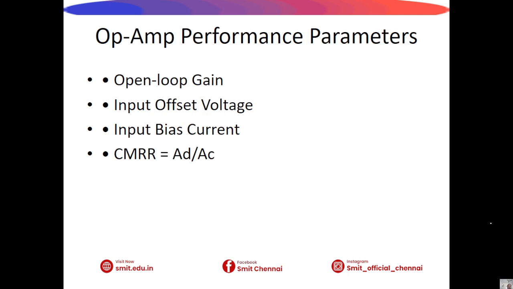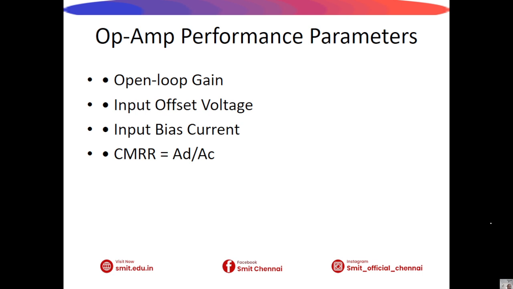Next, we see about the op-amp performance parameters. Several parameters are used to evaluate op-amp performance. The first is open loop gain, which is the gain of the op-amp without feedback. The second is input offset voltage, which is the small differential voltage required between the inputs to make the output exactly zero.